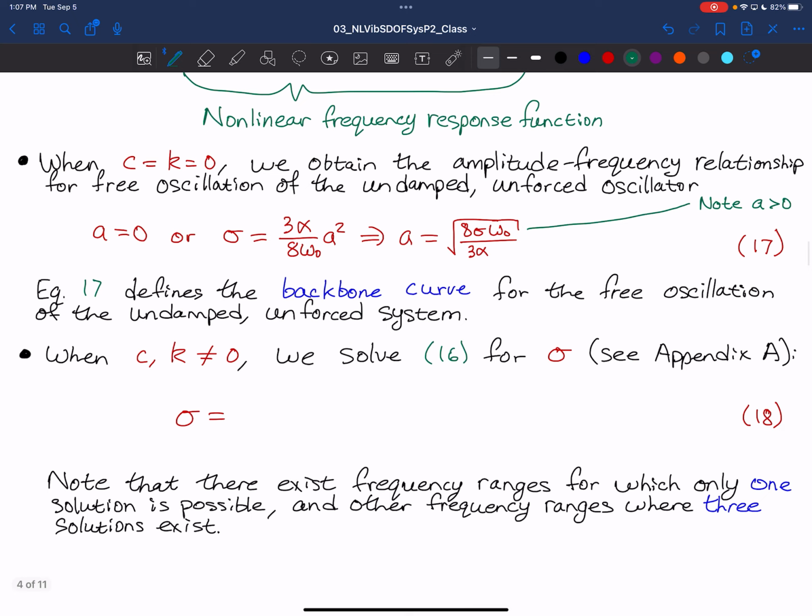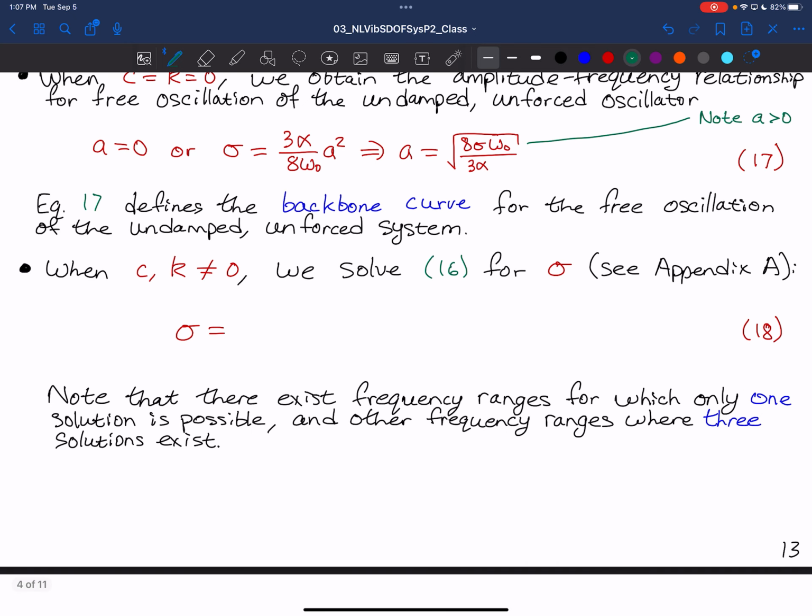Okay, so in the case when the damping and the external forcing are not zero, we're going to then solve for sigma, which I've done in the appendix, which is at the end of your note set here.